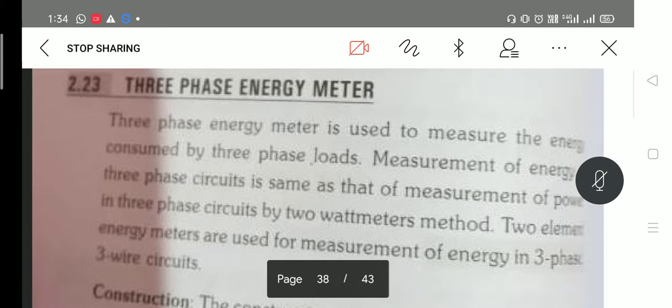By using these 2 single phase energy meters we can measure the three phase energy. Now we will go to the construction of the three phase energy meter.